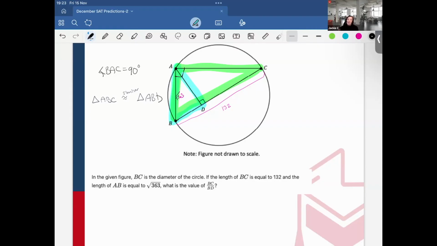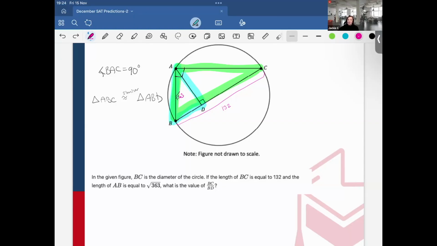Okay. And why is this? Because I can see first they're both right angle triangles, and also they are sharing a common angle, angle A up here, in both triangles. And then I know it checks off the boxes for our angle similarity theorem.